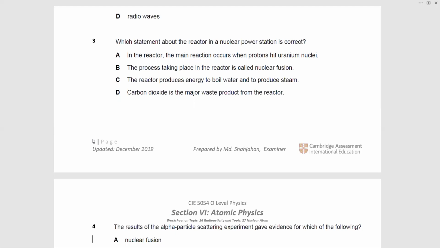Which of the reactor in the nuclear? The main reaction. No, not A. D. Sorry, isn't it C? Yes.